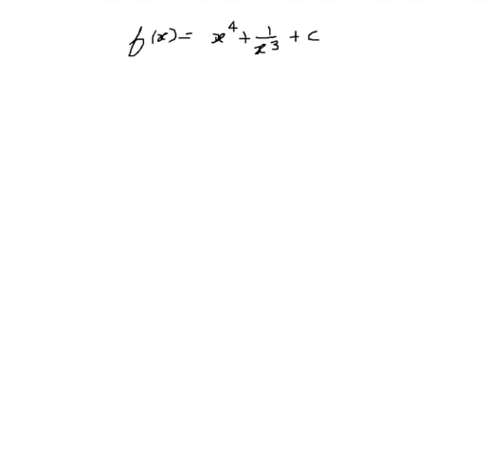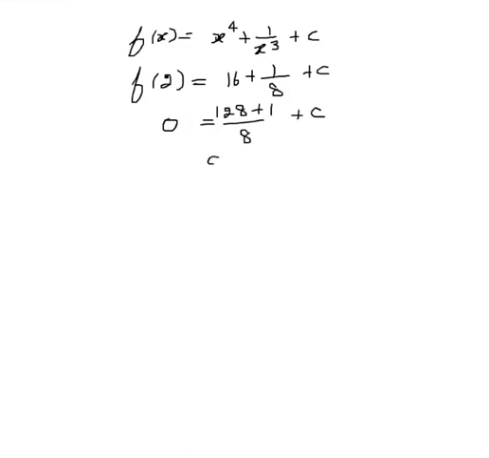Therefore, f of x is x power 4 plus 1 upon x cubed plus c, and we have to find f of 2. Plug in the value 2 in place of x. So 2 raised to 4, which is 16, plus 1 by 2 cube is 8, and plus c. And it is given that f of 2 is 0. Let us take LCM here. 128 plus 1 plus c.